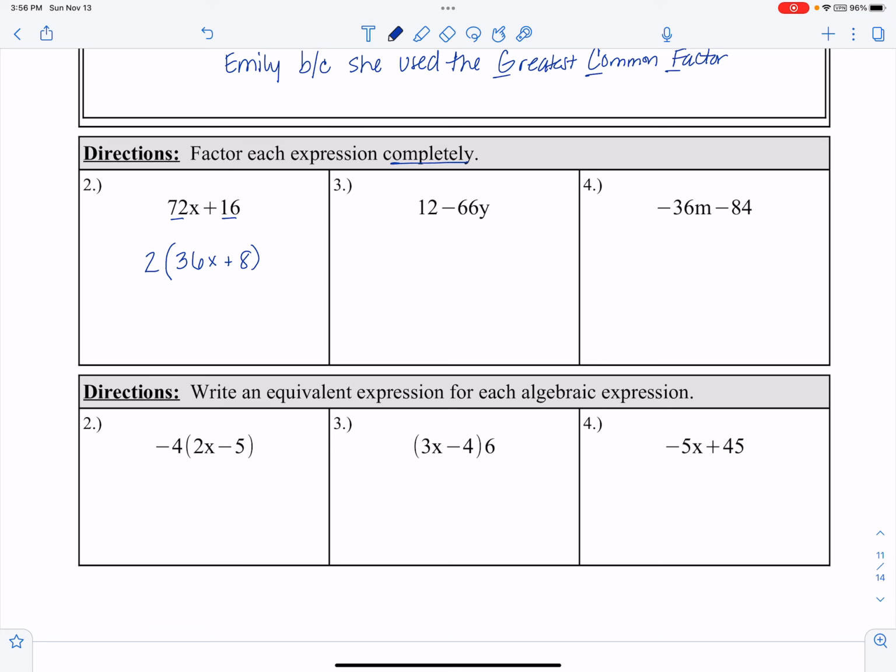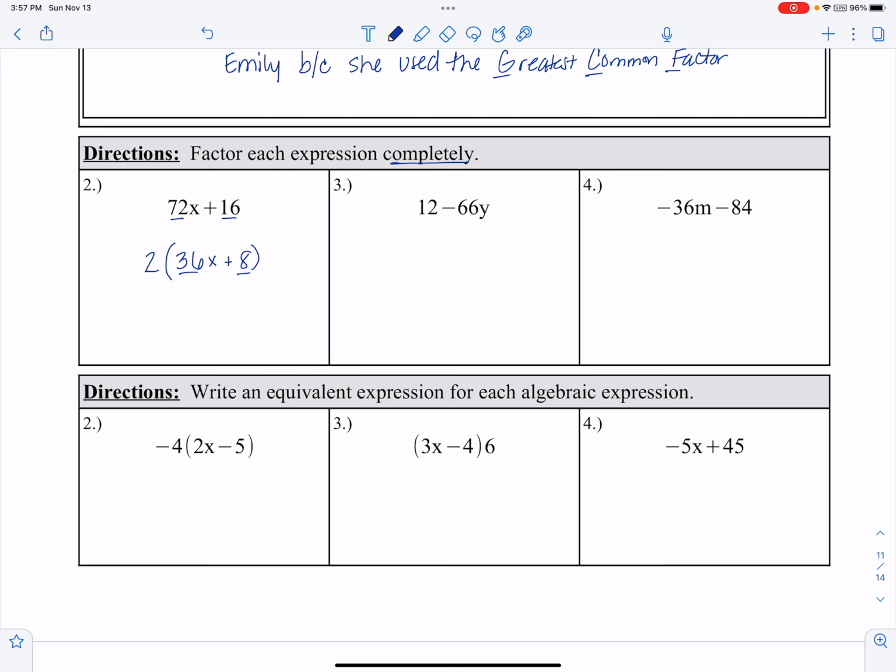So I picked 2, and I know that because 36 and 8, I still can factor those and find a greatest common factor. They're still even numbers, so I know I can pull another even number. Let me think, I know that 4 times 8 is 32.